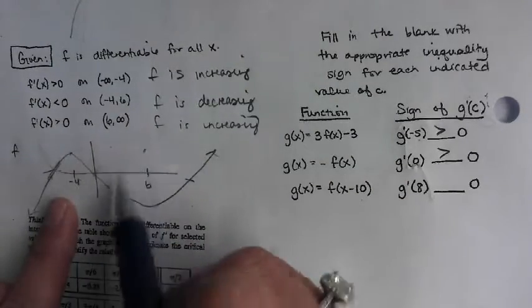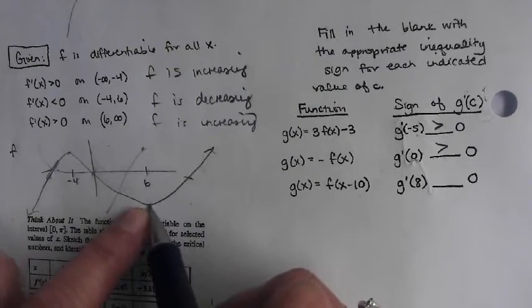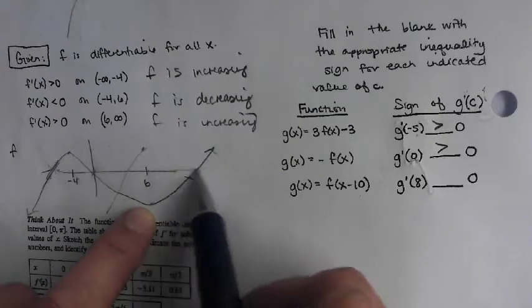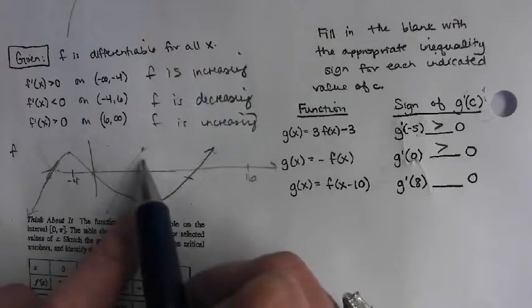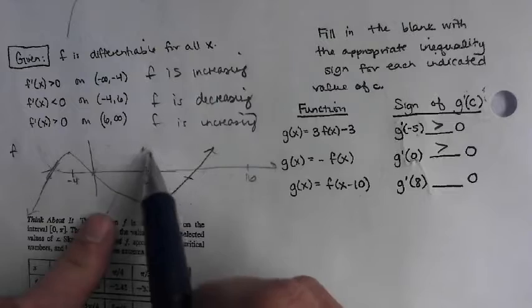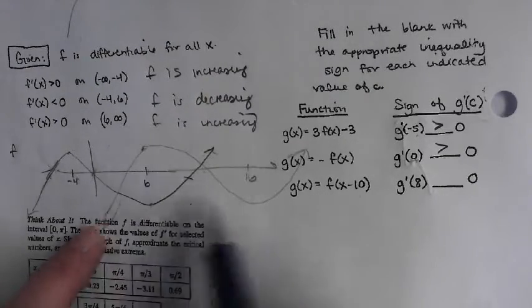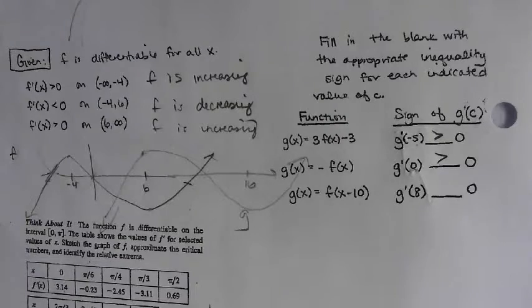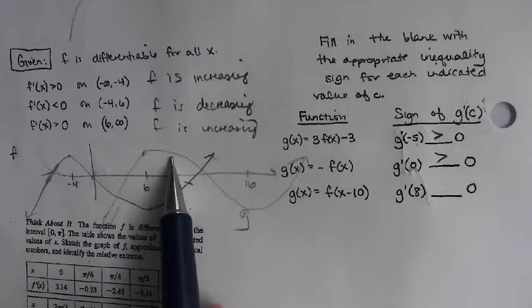That's going to be over here. And this relative minimum at 6 is now going to be at 16, if you shift it right 10 units. So we have a relative max at 6 and a relative minimum at 16 before it starts increasing again. So that's our new g of x function. G prime at 8, so here's about 8, is positive or negative?